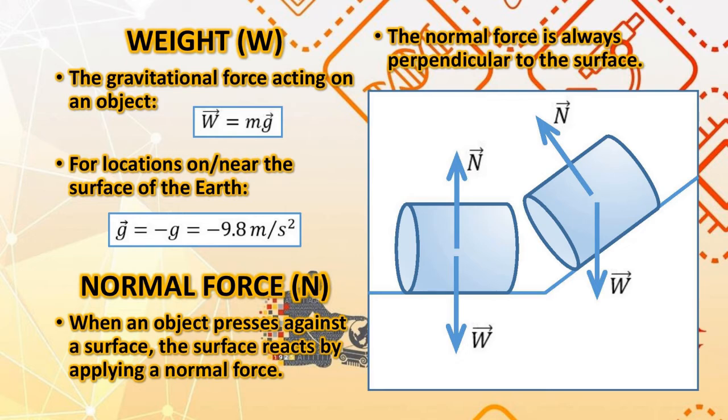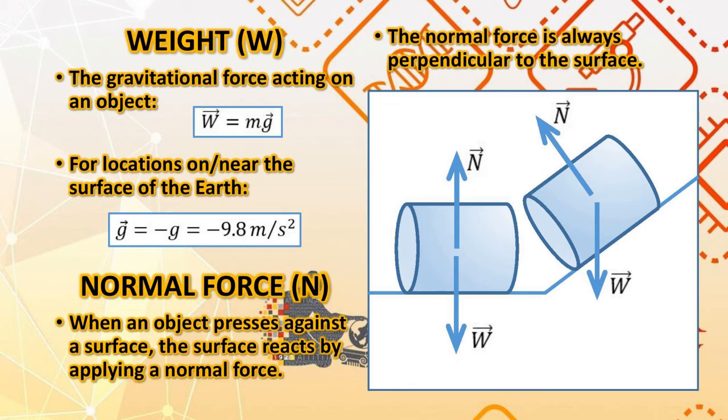As you can see in the drawing, the normal force is vertically upward, going out of the horizontal surface, perpendicular to the horizontal surface, to try and prevent the object from passing through the surface.